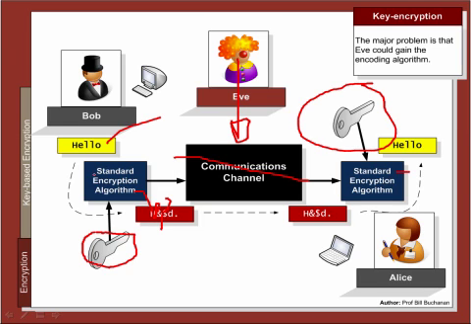We use the same standard algorithm on either side. This algorithm is known to Eve, but Eve cannot crack the code as she cannot get the shared key.